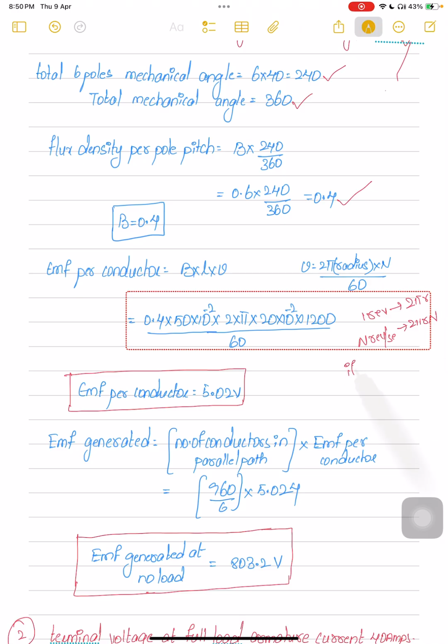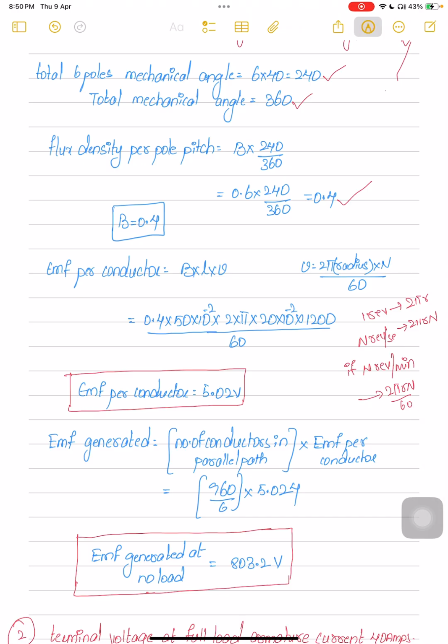If n is in revolutions per minute, then the velocity will be 2 pi r n by 60, since they make n revolutions in 60 seconds. We need to substitute V in meters per second, that's why we are converting minutes to seconds. By substituting in this formula, we get an EMF per conductor of 5.02 volts.